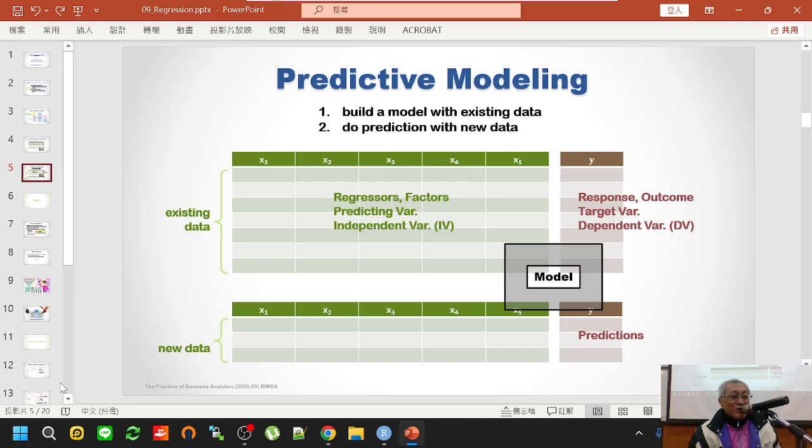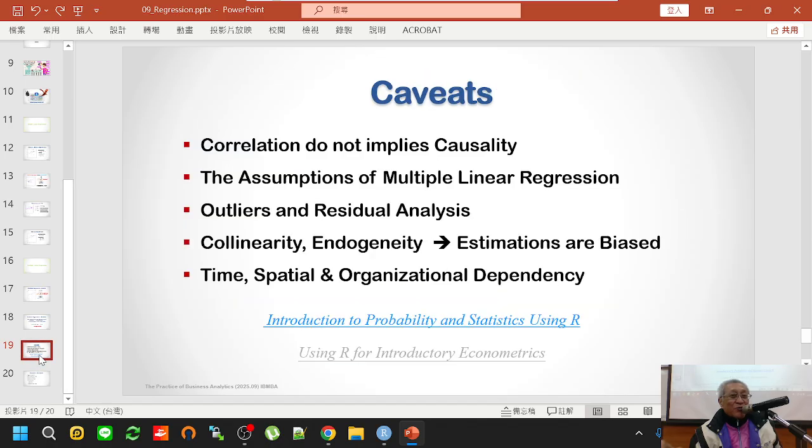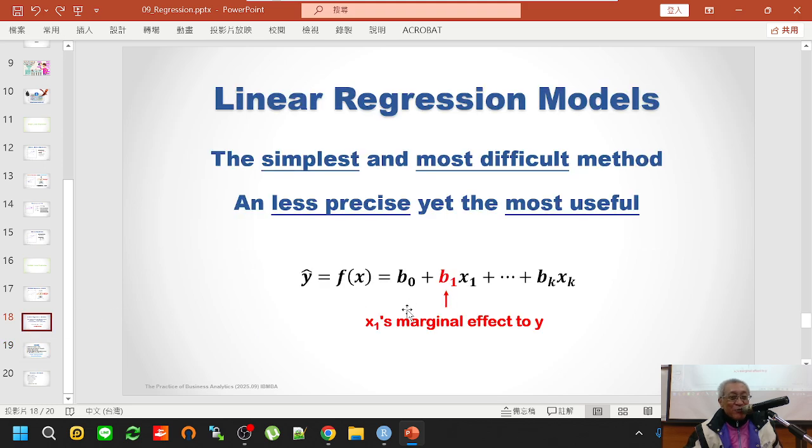But we must know that the complication is there, and it's actually quite difficult to do. Okay, so this is my conclusion. It looks simple, but it's less precise, but it's useful if you can estimate the coefficient. Okay, but to do that is not easy.